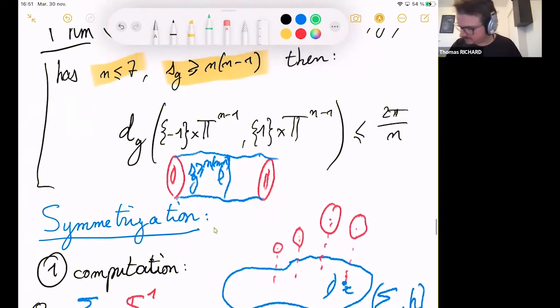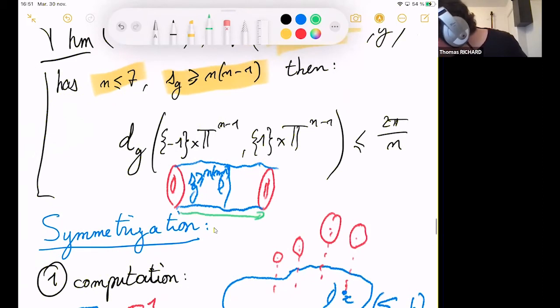Then the two boundary components here are separated by a distance of less than 2 pi over n. They cannot be too far away. And the optimal case is just the example we built before.